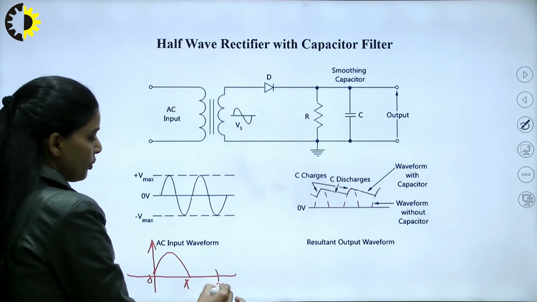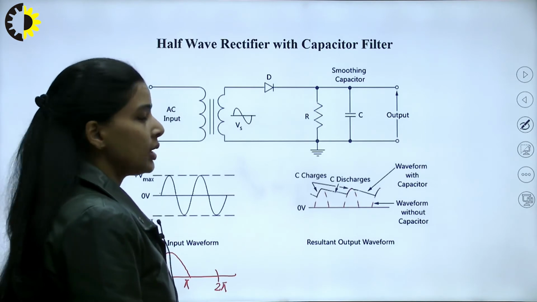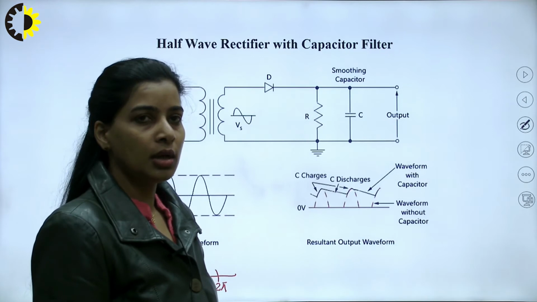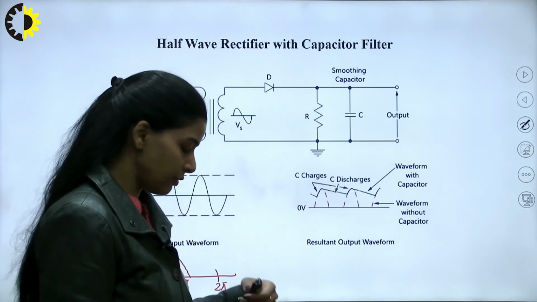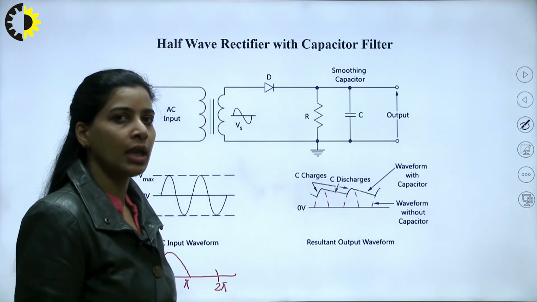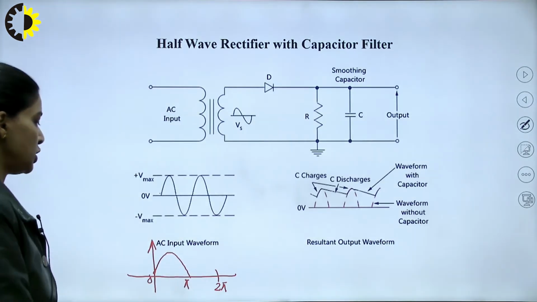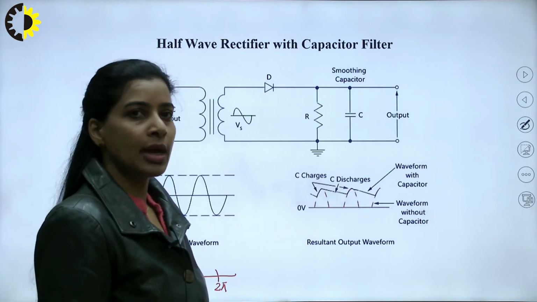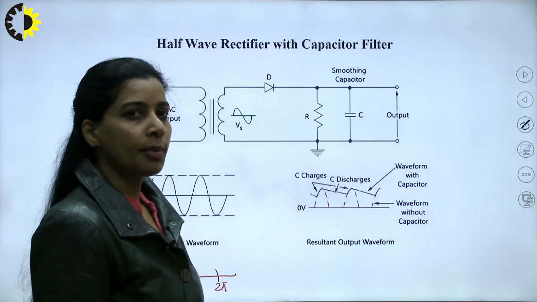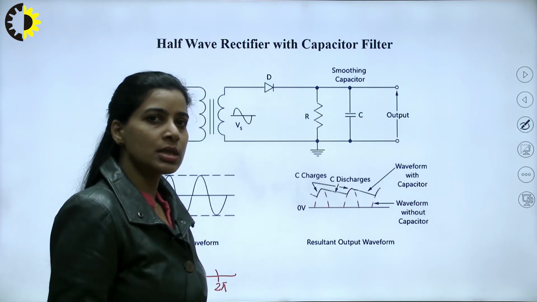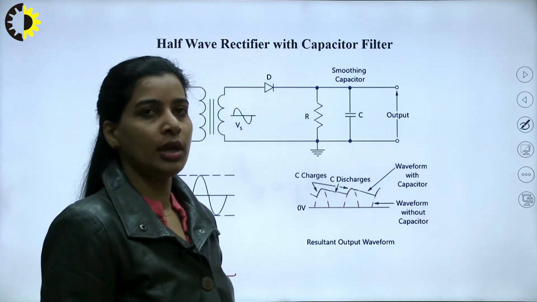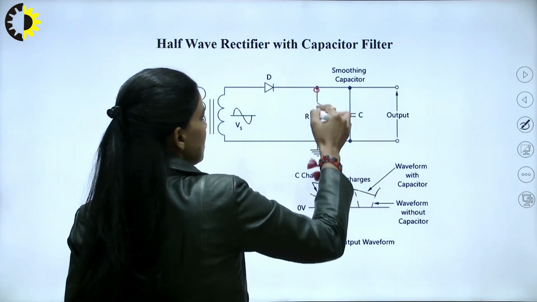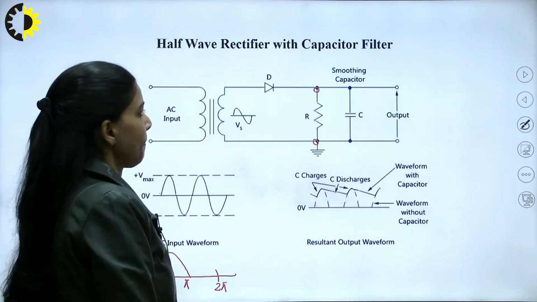So, in some applications we need the output to be in pure DC form. We do not want any AC component associated with the DC. So, for that we use a capacitor filter. That capacitor filter filters out the AC component of the output that is appearing across this load resistance.